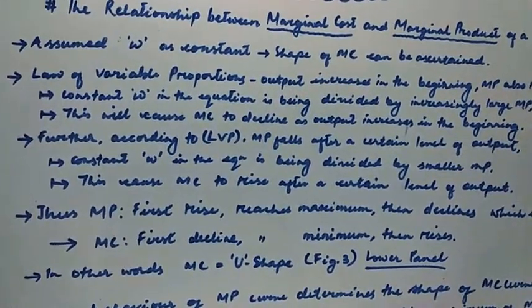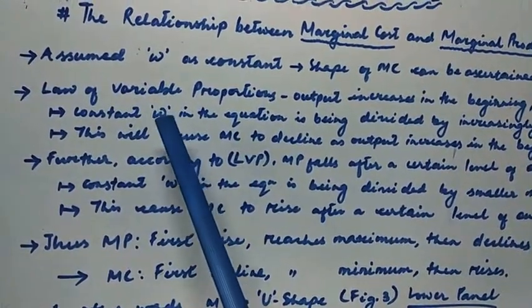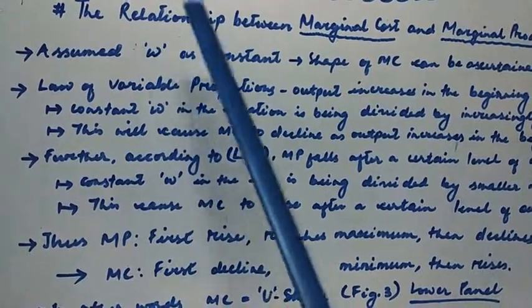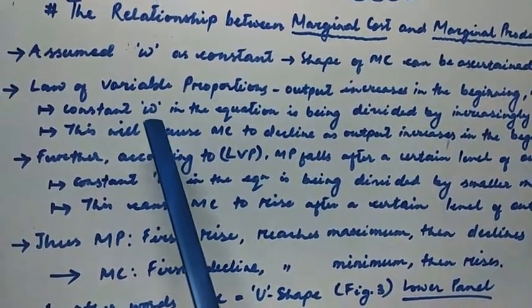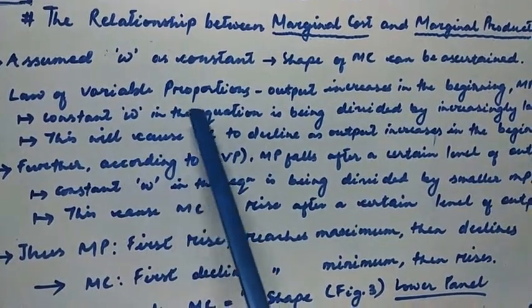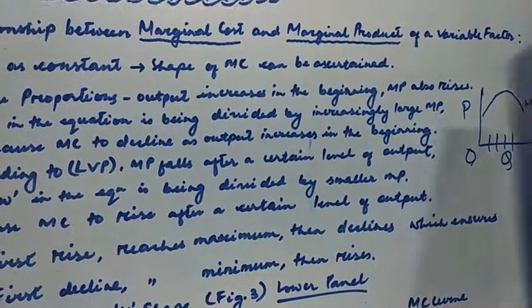So when that happens, the constant W, so we have assumed this W is constant, this constant W, the price paid for the variable factor in the equation, is being divided by increasingly large MP.